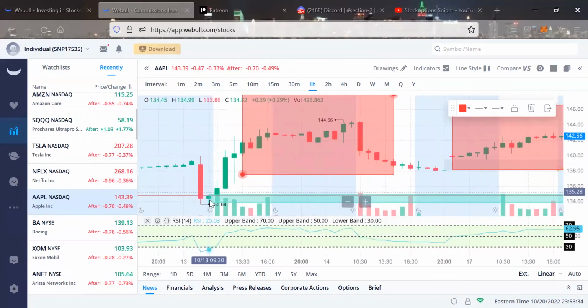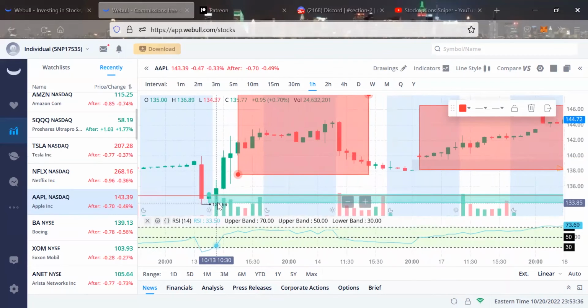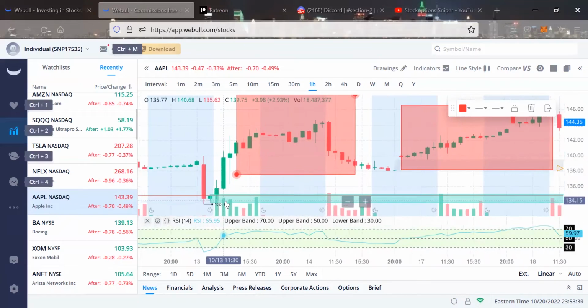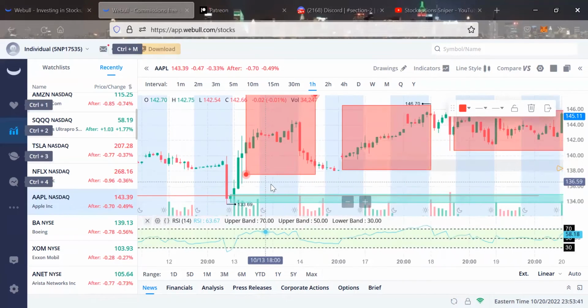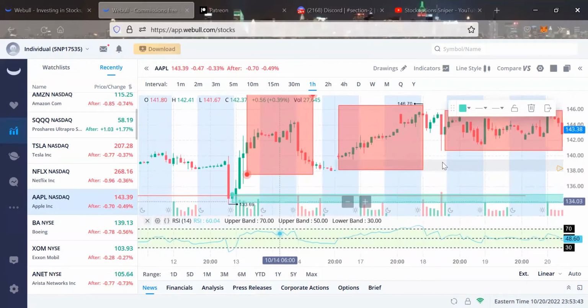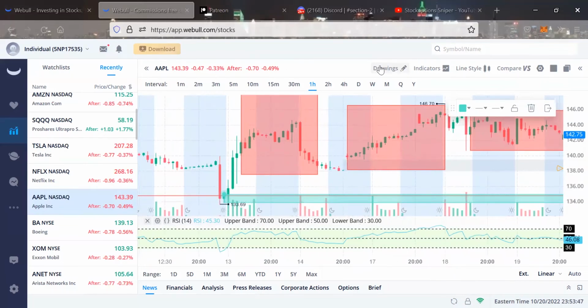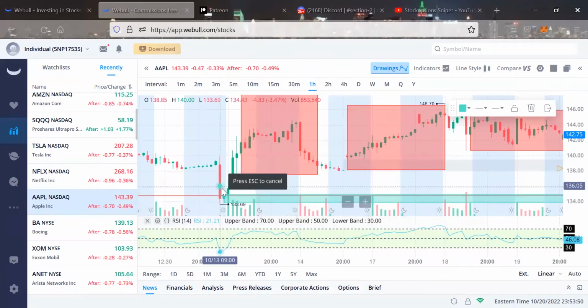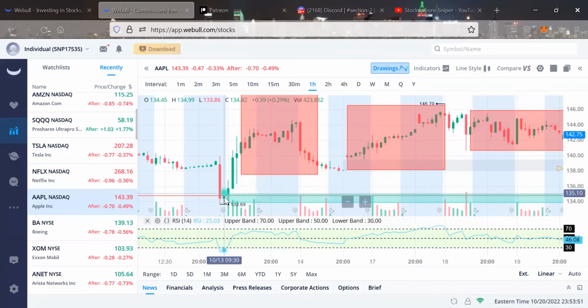Well, technically, we had orders that came and mitigate this area, right? So what does that mean? It means this zone is no longer valid. So this demand zone is no longer good. Why? Because they made this down move right here. They had this down move, right? And then the price came all the way back down to mitigate this area, bringing the price higher.